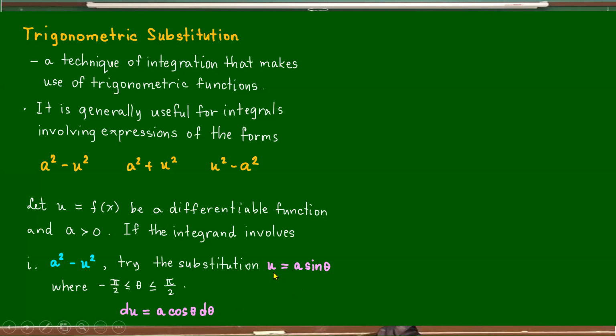Take note that this comes from the square root of a squared minus u squared, and don't forget to take its du. You're going to express the integrand together with the du in terms of theta, involving sine, and for the du, cosine.